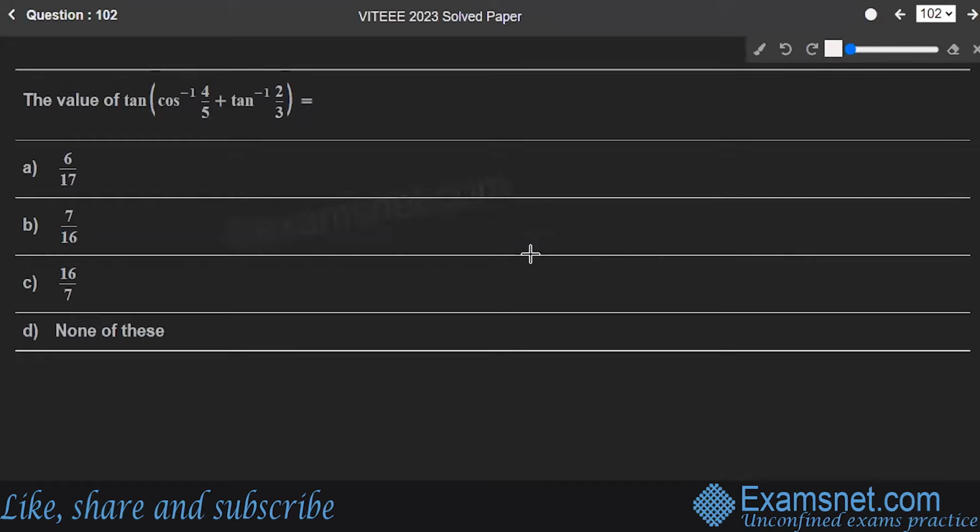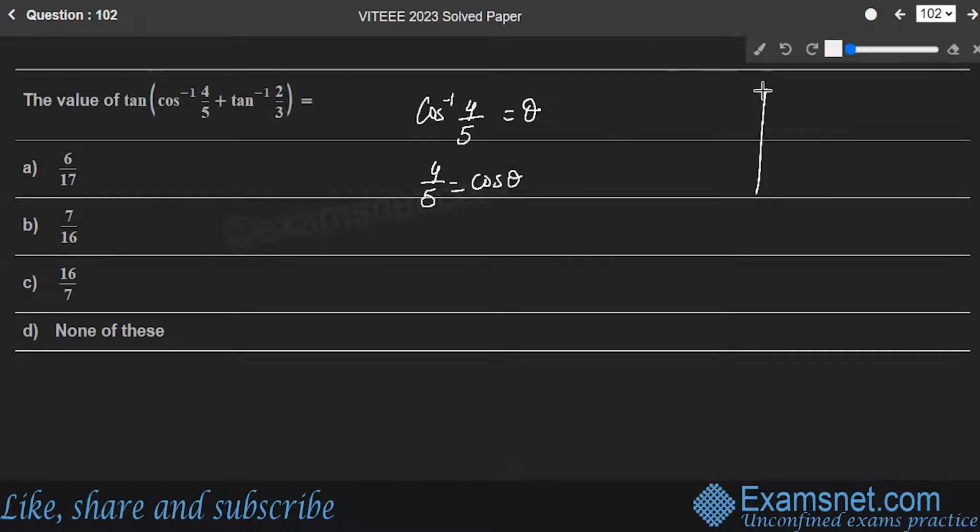Question number 102, the value of tan of cos inverse 4 by 5 plus tan inverse 2 by 3. Okay, see, if I had a tan inverse over here, then the problem would have been solved easily. Let's do that. Let's say cos inverse 4 by 5 is equal to theta. This gives me 4 by 5 is equal to cos theta.